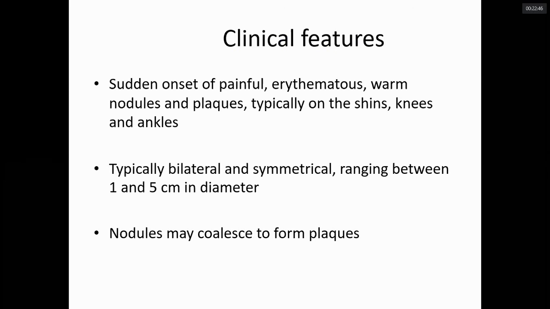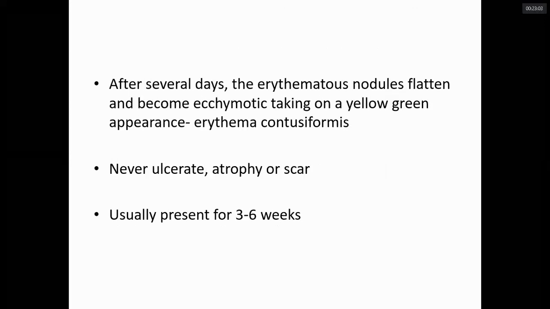In the clinical features, there are painful erythematous nodules, which typically occur on the shins, mostly the shins. It is bilateral and symmetrical and ranges between 1 and 5 cm, and nodules may coalesce to form plaques. After several days, the erythematous nodules flatten and become ecchymotic, which then take on a yellow-green appearance, which is called erythema contusiformis.